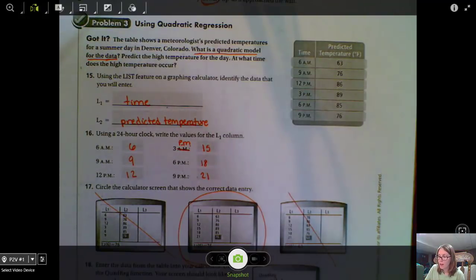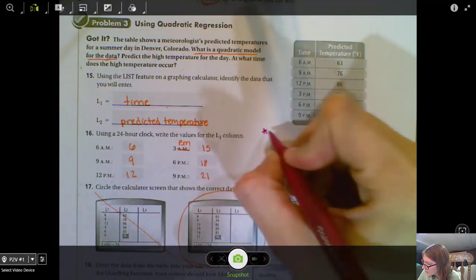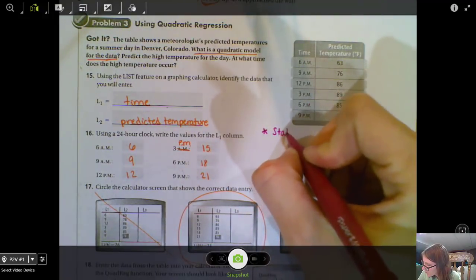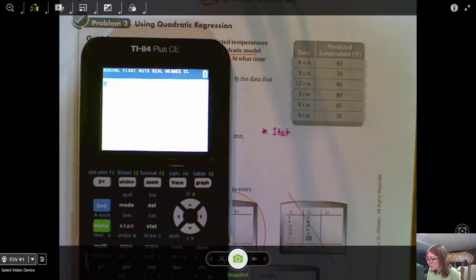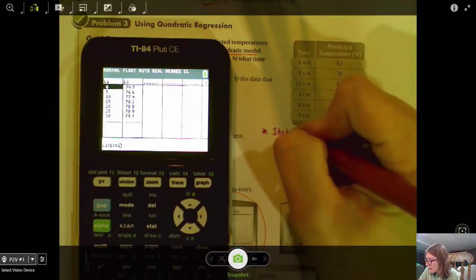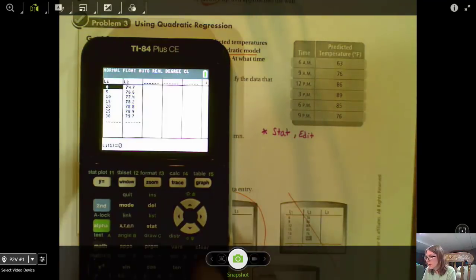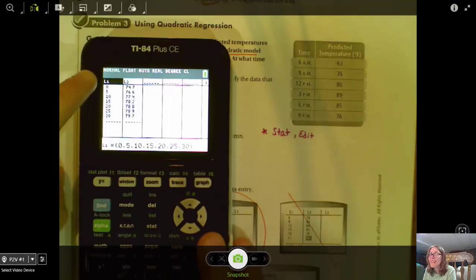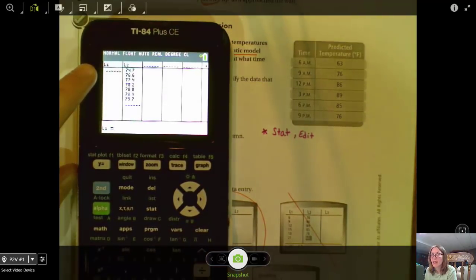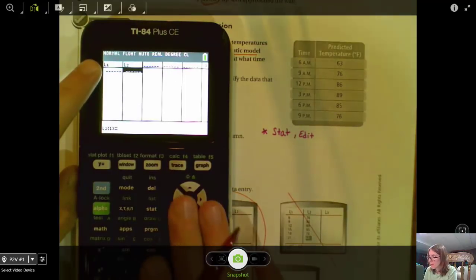Now, how do we put our data in our calculator? We go to Stat first, the same process that we used for linear regression. We go to Stat and Edit. If we want to clear out our data that's here, remember we go to L1 and do not hit delete, hit clear and enter. Same thing over to L2, clear, enter.